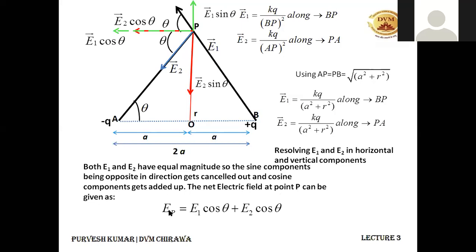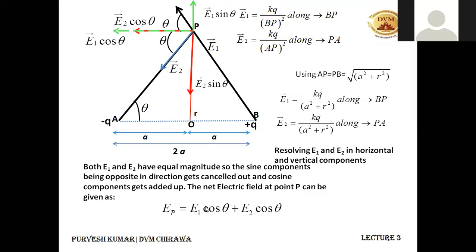So the net electric field at point P, EP, comes out to be E1 cos theta plus E2 cos theta. We know the value of E1, that is KQ upon A square plus R square. We can easily calculate it. And from this triangle, we can also calculate cos theta. Cos theta is base upon hypotenuse, that is A by AP, and AP is root of A square plus R square.